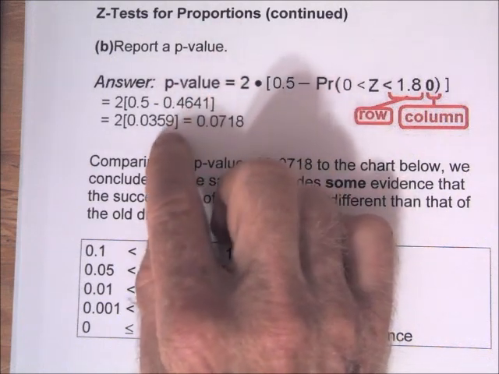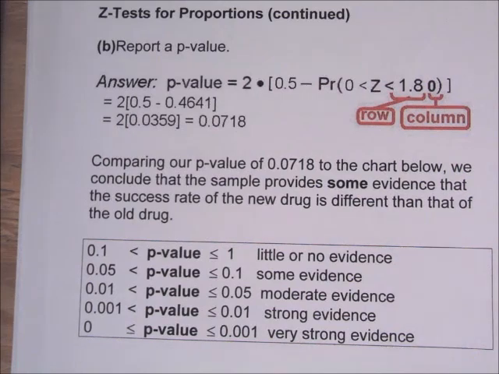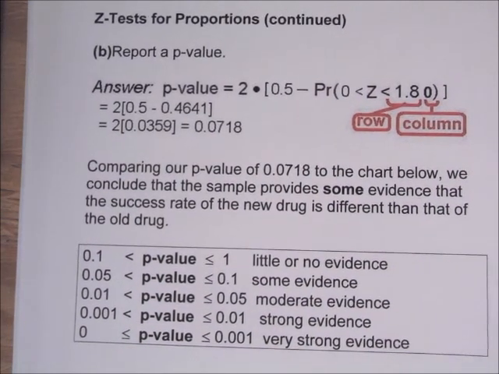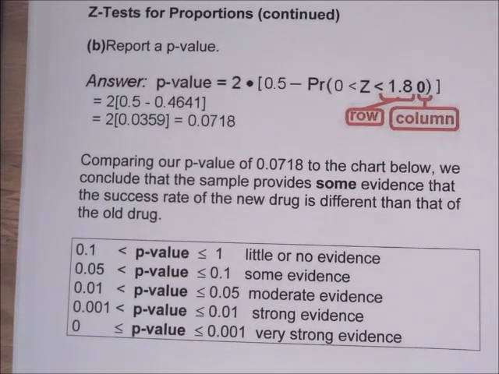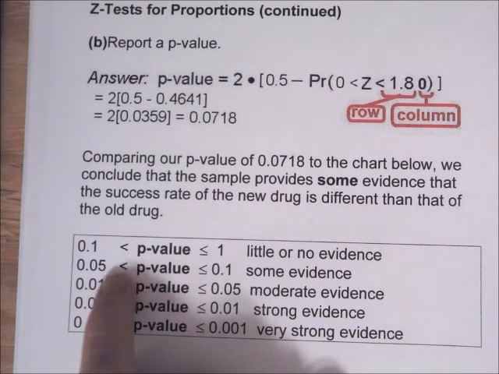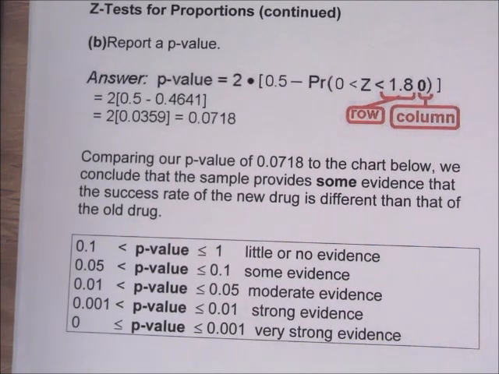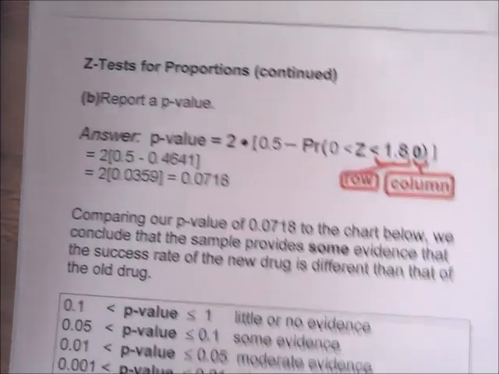Subtract from 0.5, we get 0.0359. Multiplied by 2, we get 0.0718. So if we compare our p-value to the chart below, we see that the p-value is between 0.05 and 0.1, indicating some evidence that the new drug is better than the old.